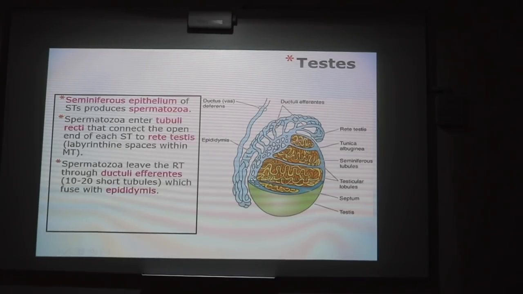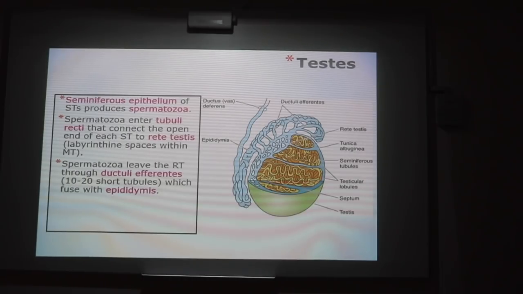Tubuli recti enter into this meshwork, which is called the rete testis. And then from the rete testis you have the efferent ductules, which go into the epididymis, and the epididymis then opens into the vas deferens. The vas deferens joins the seminal vesicles to give rise to the ejaculatory ducts, and the ejaculatory ducts open into the urethra.